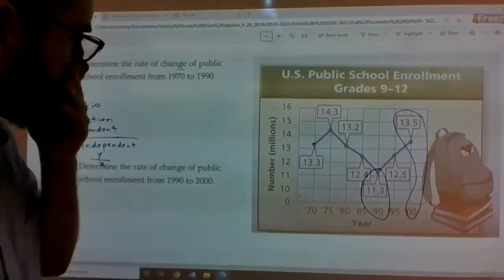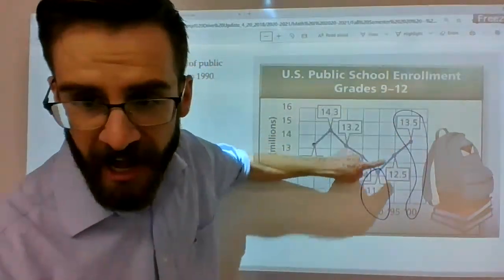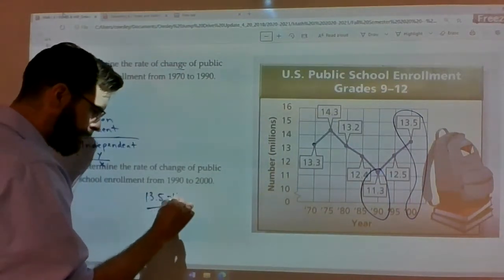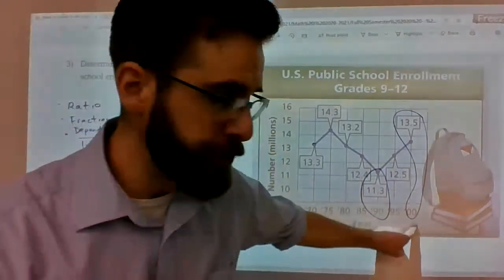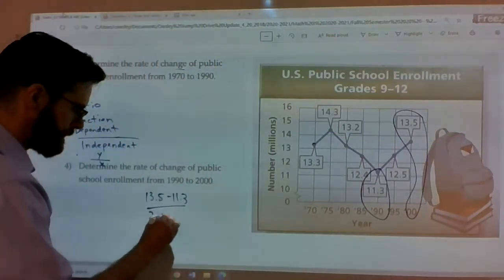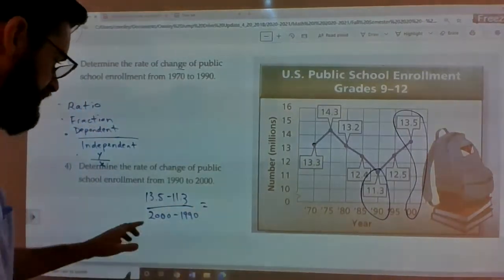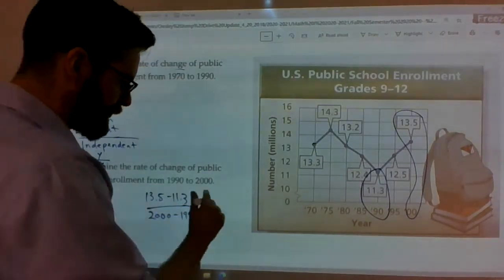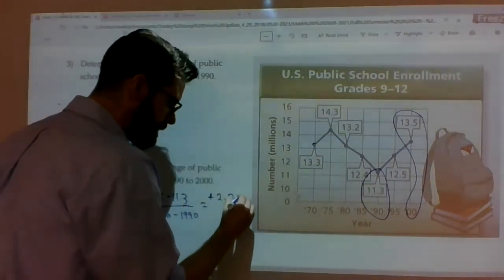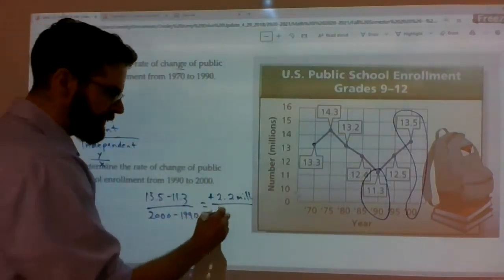And we're saying the rate of change is going to be 13.5 minus 11.3 over the year 2000 minus the year 1990. That gives us 2.2, and it's positive, million students over a 10-year period.